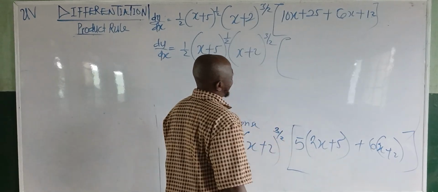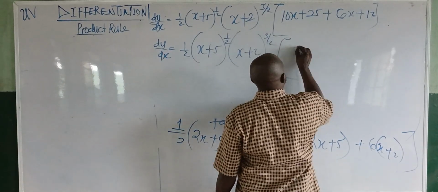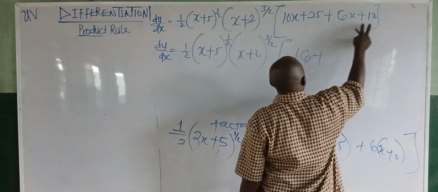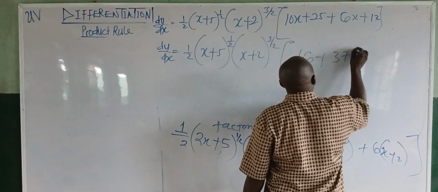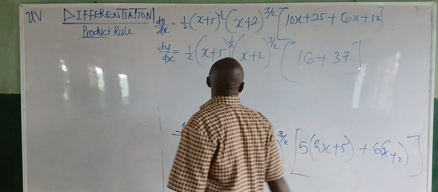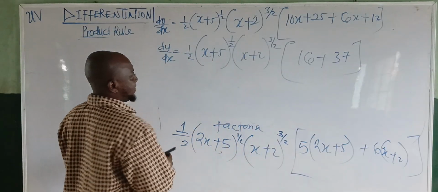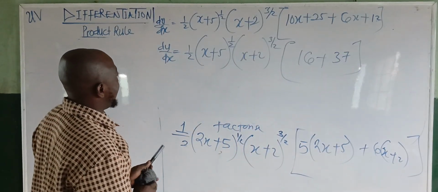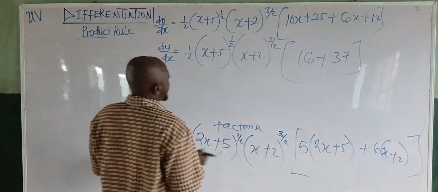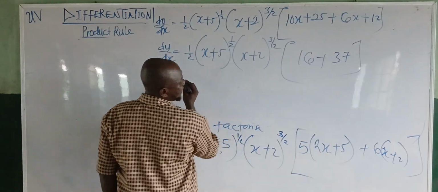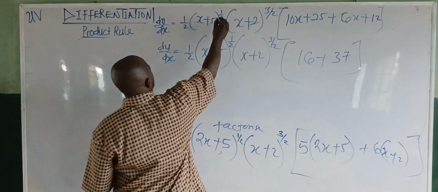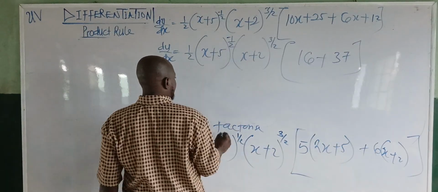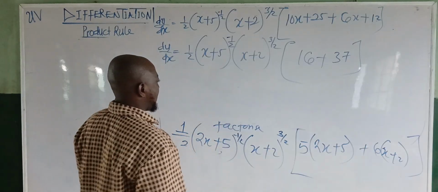Now open the next bracket. So this and this will give me 16x plus this and this will give me 37. This is what I'm having here. 37. Okay. Don't forget that this is having a minus sign, please.